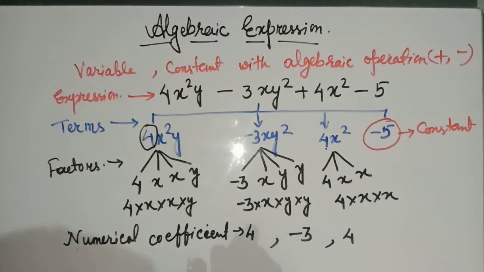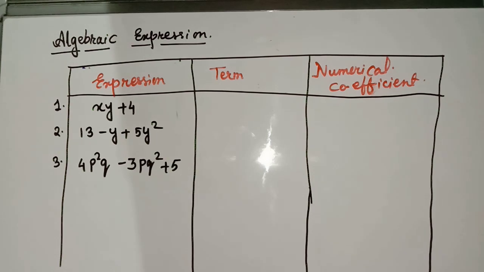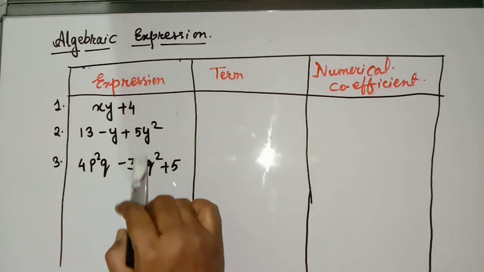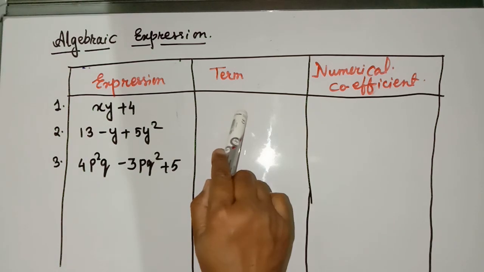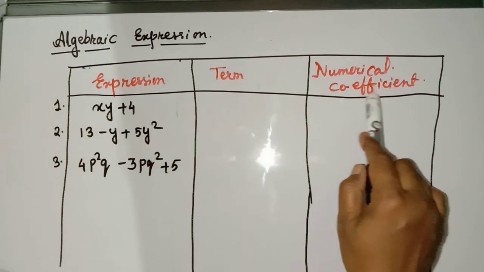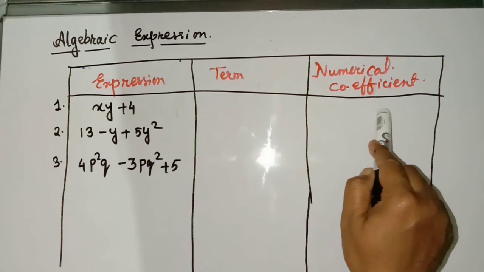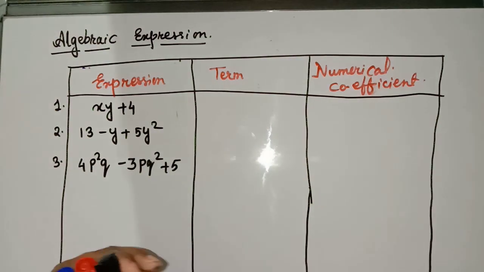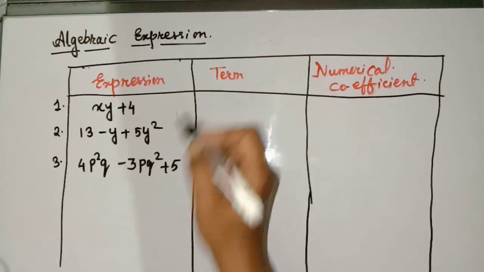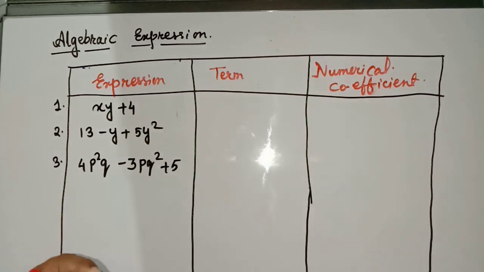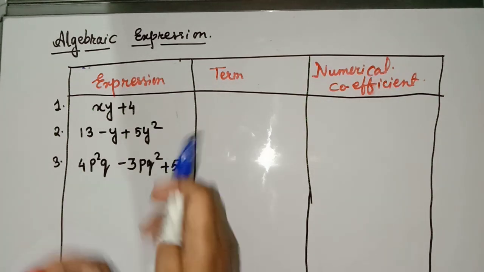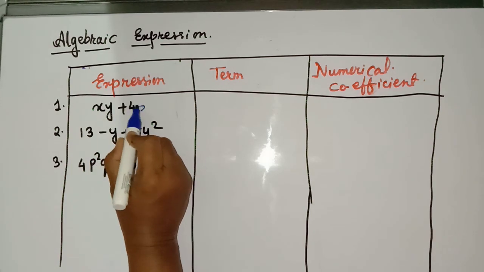Understood? Okay. Now we are going to see some expressions. I have written here 3 questions. You have to write the term and numerical coefficient. In question number 1, it is given 4xy plus 4. So you have to write the term here, xy, as 4 is the constant.